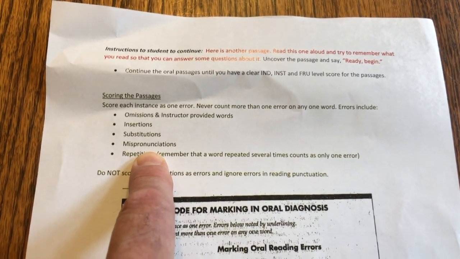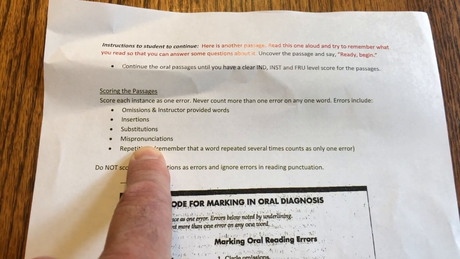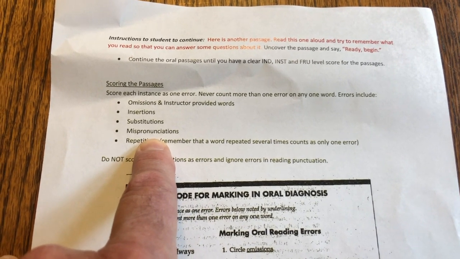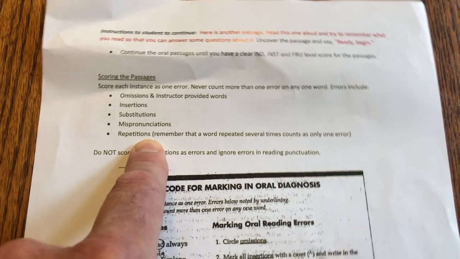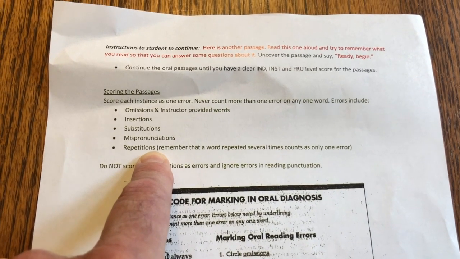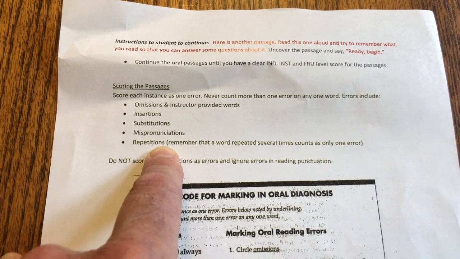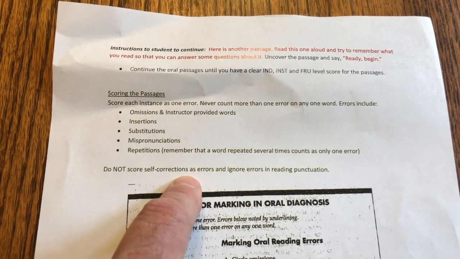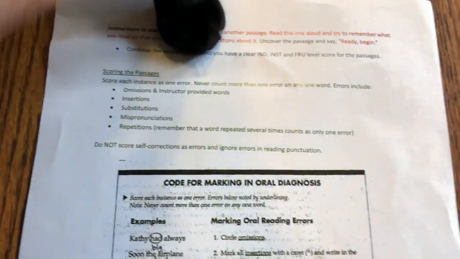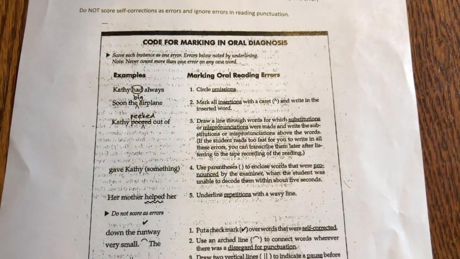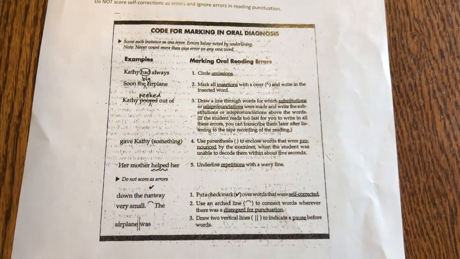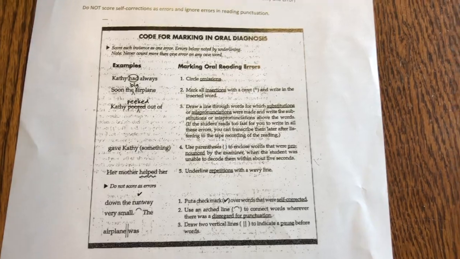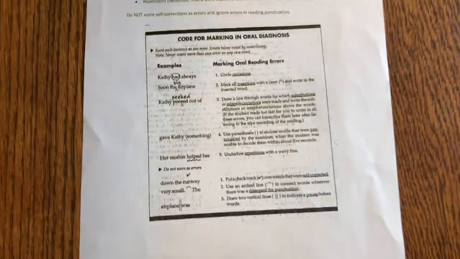We have accents and second language learners and regional differences, so cut them some slack on mispronunciations. Repetitions are fine, so if we all sort of stutter step when we read. Also, do not score self-corrections as an error. That's it. And here are some guidelines on how to mark the miscues.